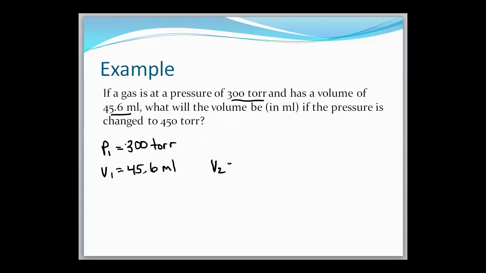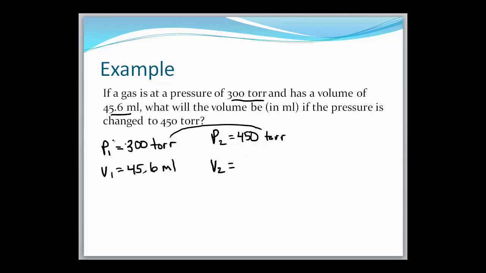So right away I'm just going to write V2 if the pressure is changed to 450 torrs. Now the one thing you want to be careful is that your units are consistent. If we had been given that in 450 atmospheres, which would be a really high pressure, we would have to convert that to torrs before we do the problem.